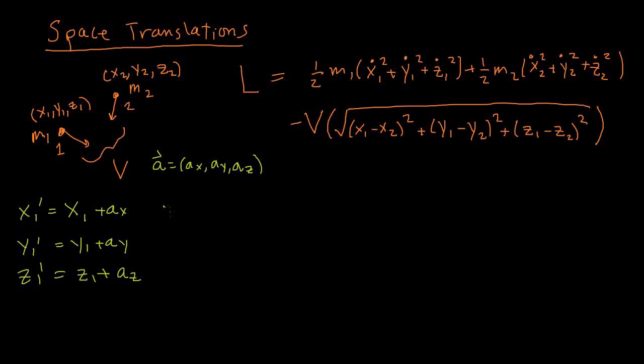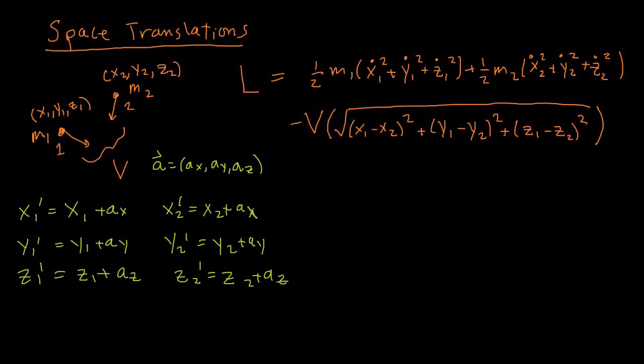We do the exact same thing for x2 prime, y2 prime, and z2 prime. So x2 prime is equal to x2 plus a sub x, y2 prime is equal to y2 plus a sub y, and z2 prime is equal to z2 plus a sub z.